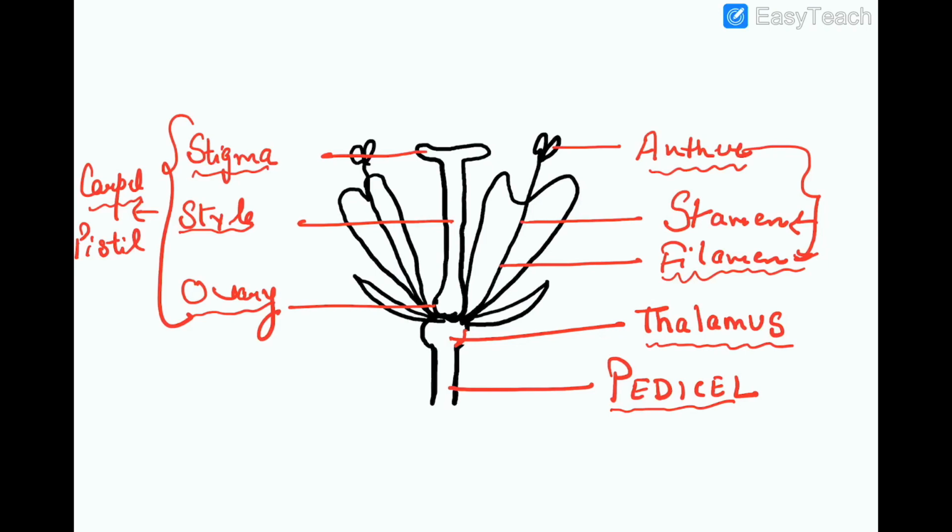Apart from this, a flower has sepals and this part which I am coloring are the petals. These are the accessory parts of the flower.